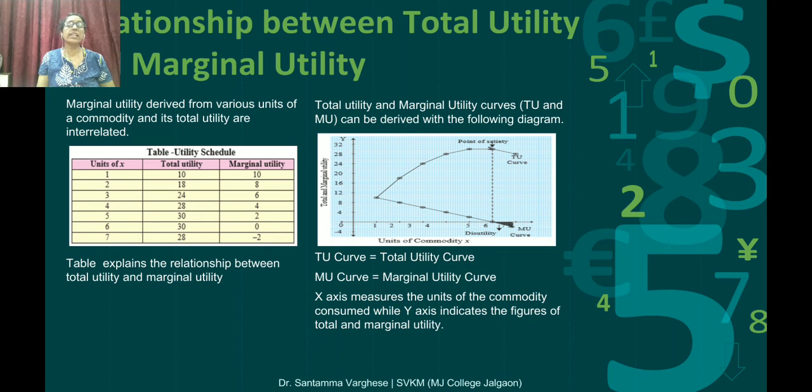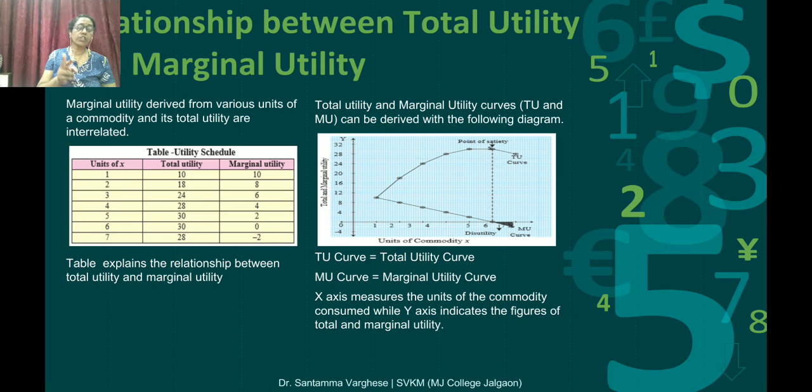It explains the relation. Now you can see that for 1 unit of X, what is the total utility derived from it? It is 10. In the same way, the marginal utility also is 10. For 2 units of X, what is the total utility he got? It is 18.